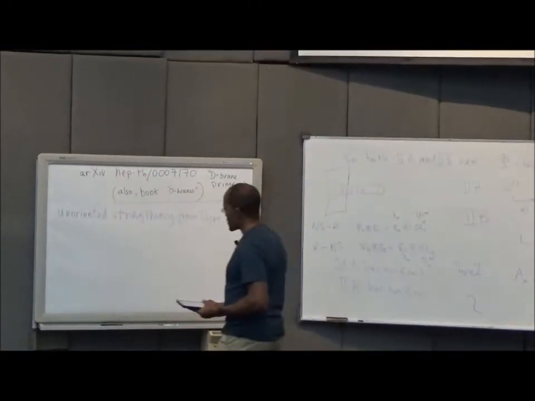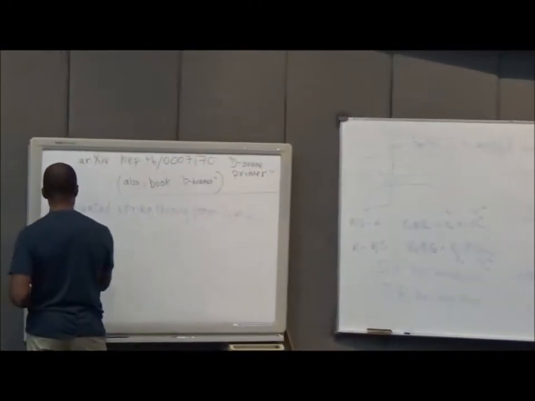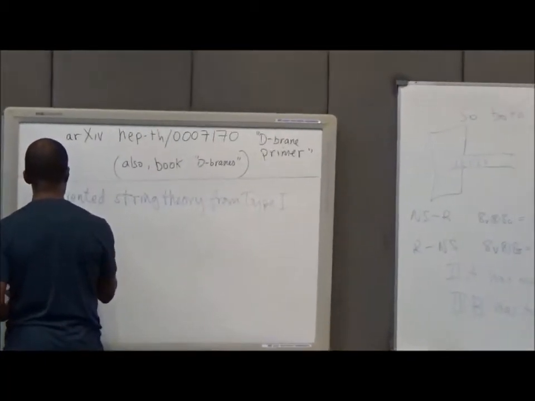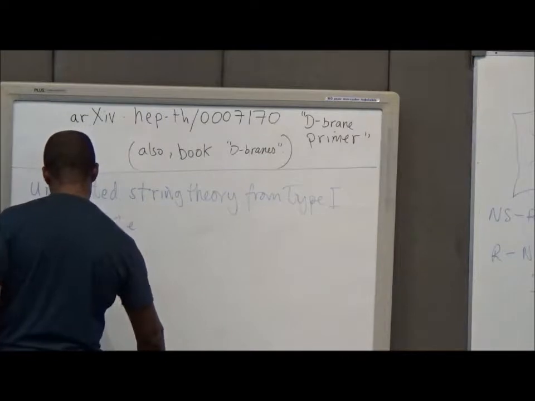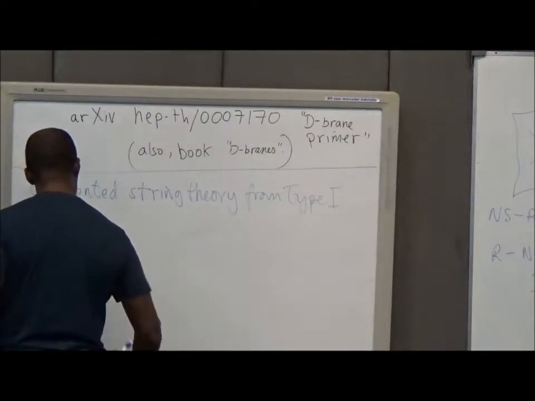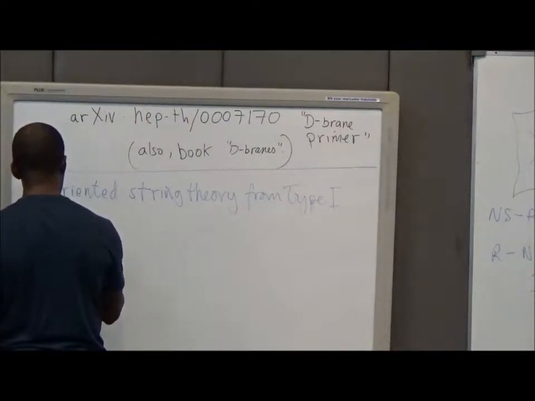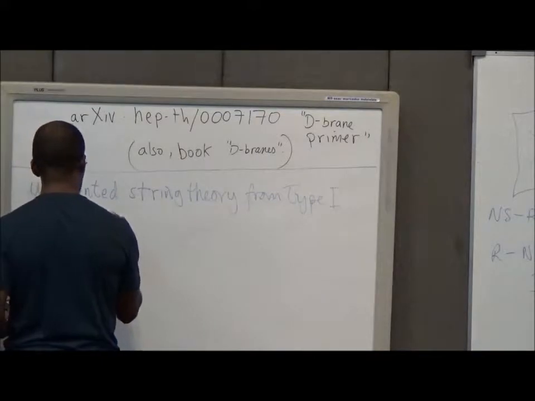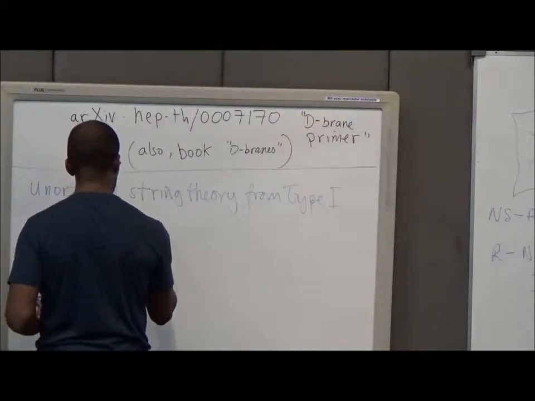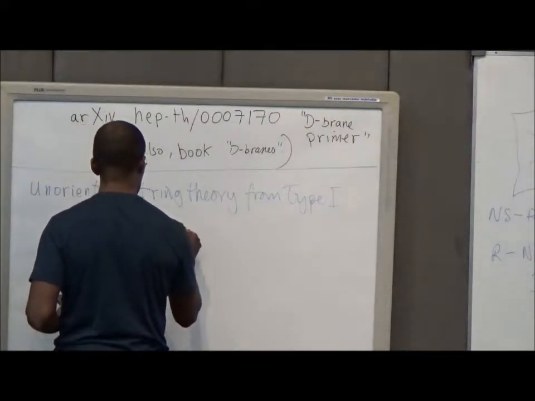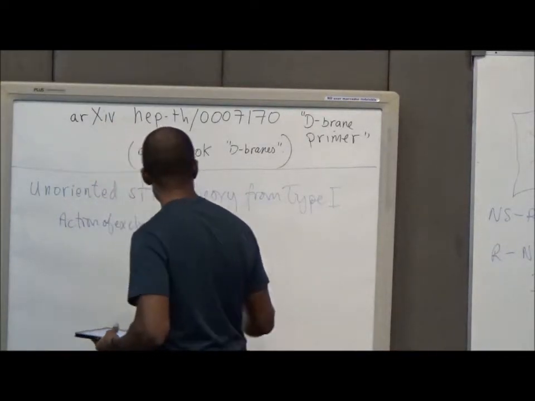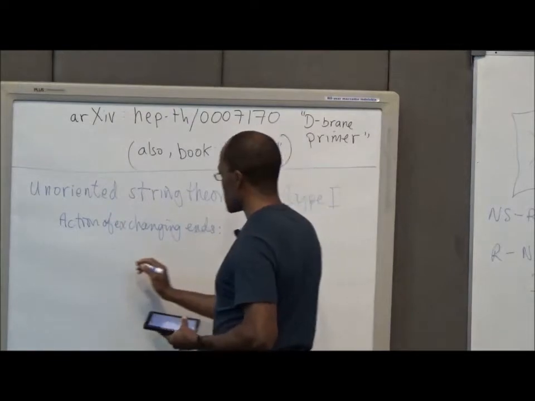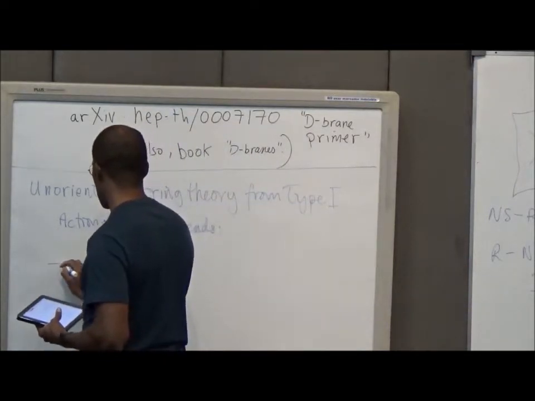Well, I want to look at the symmetry of, well, actually, sorry, let me start again. I want to look at the action of exchanging the string ends of the string. In open string call, I'm going to call this omega.